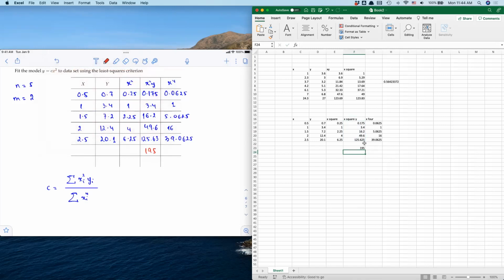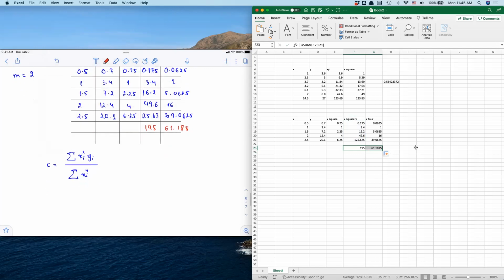And then for the summation of x to the 4th, you just drag the formula to the right, and you get 61.188, rounded to 3 decimal places. And this is what you get. So the numerator is 195 divided by 61.188.